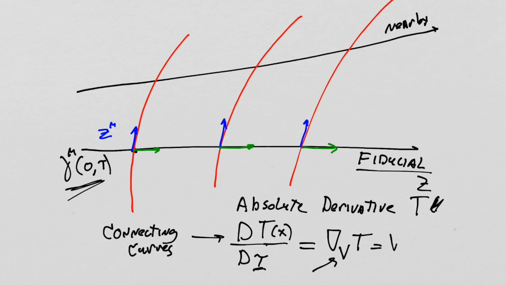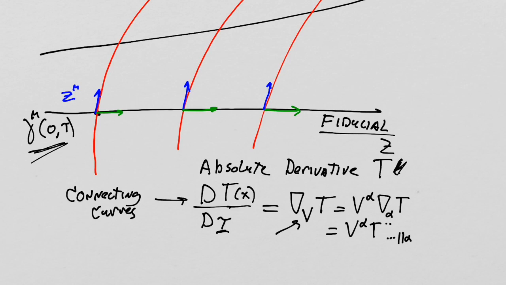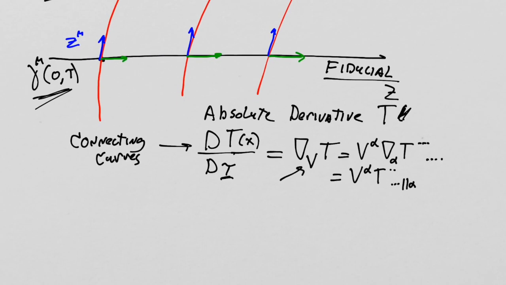And that is v alpha, covariant derivative alpha t, which is also written as v alpha t with a double bar alpha. t has a bunch of indices, whatever they are. t is some tensor, so if I'm going to go into coordinate notation, I need to put its upper and lower indices into position.